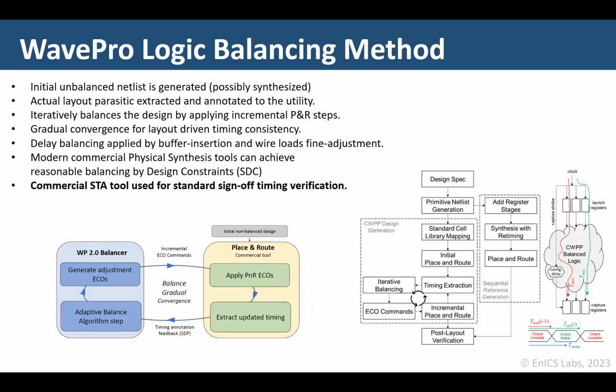So in order to achieve this, we need to balance the design at the physical level, at the implementation, at the physical synthesis level, such that all paths through the design have the same minimum and maximum delay. This is the idea.